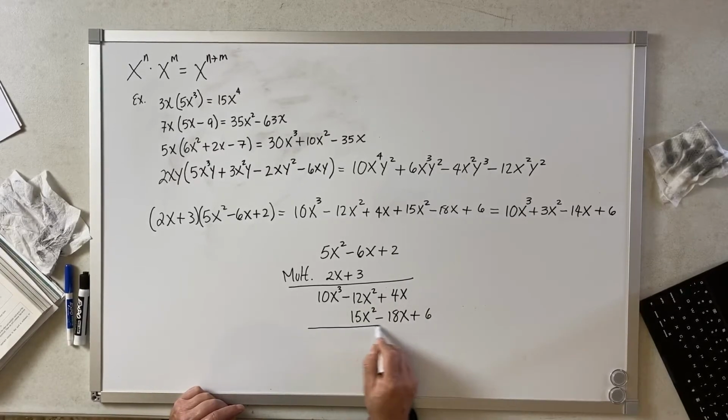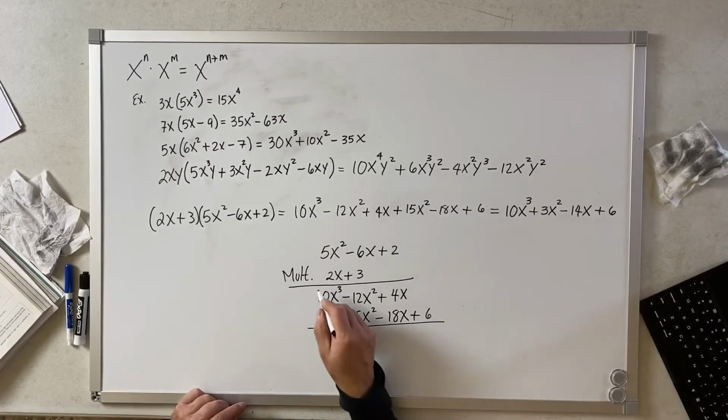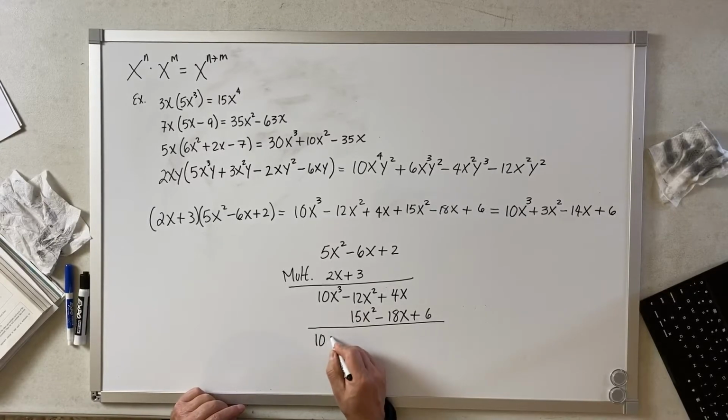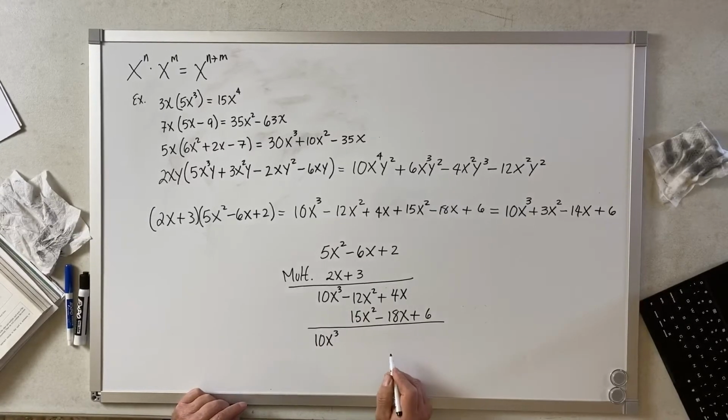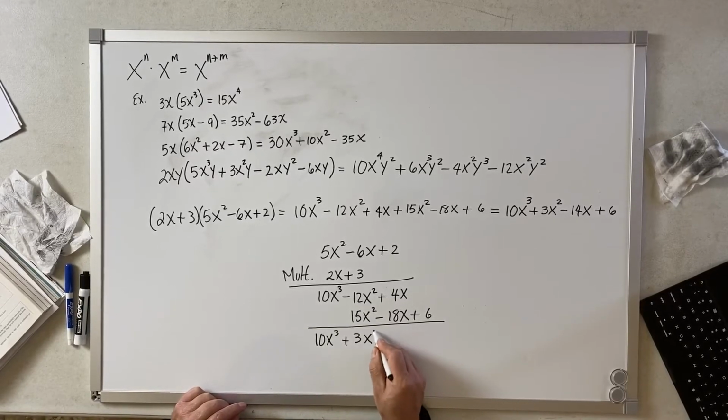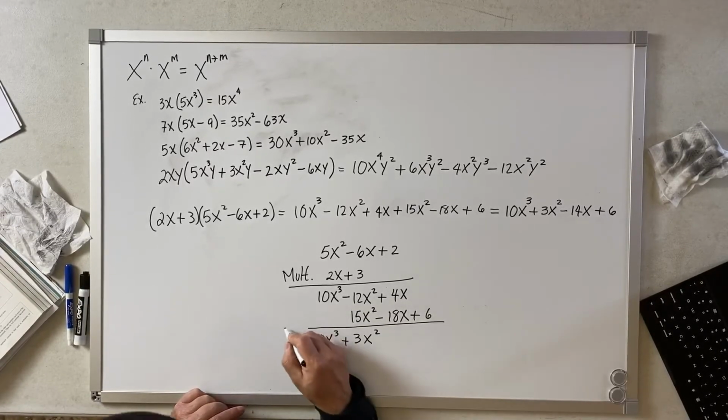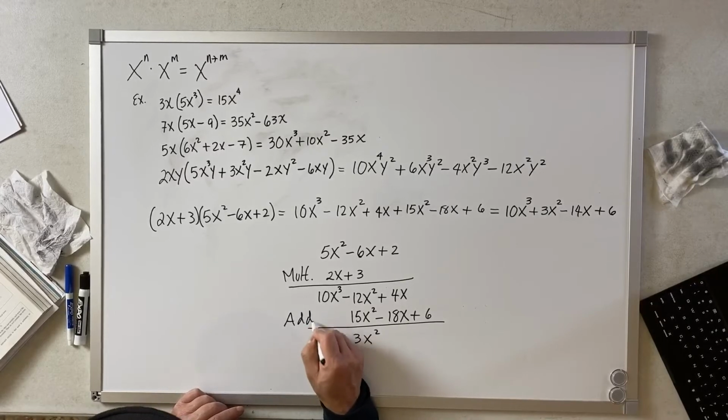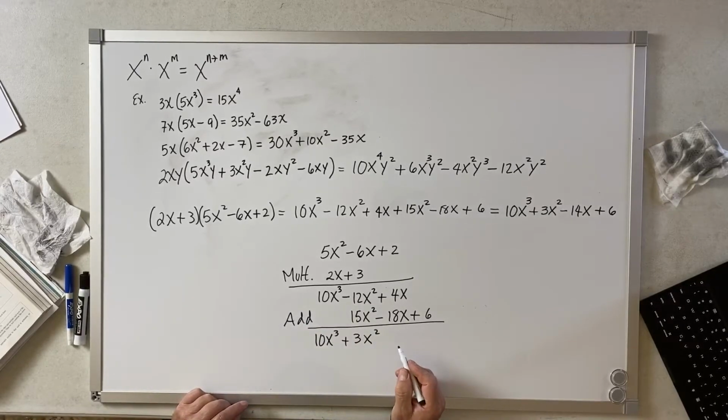Add them up. And this is a 10x cubed. And this is a plus 3x squared, because we're adding here. First we multiply and then we add. And then what is this?